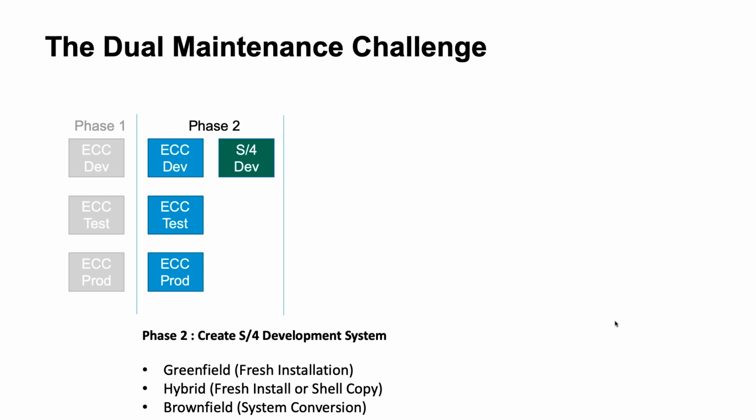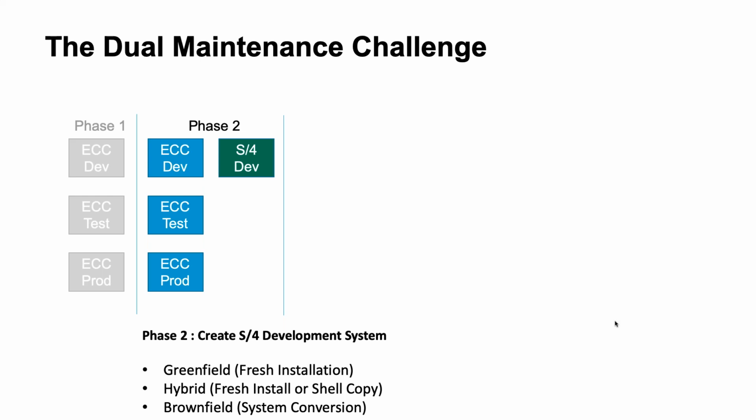If you're doing hybrid, then that would either be a fresh install or it would be a shell copy without any data, probably based on the current ECC production system. And if you're doing brownfield, that would likely be a direct technical conversion of your existing ECC development system.